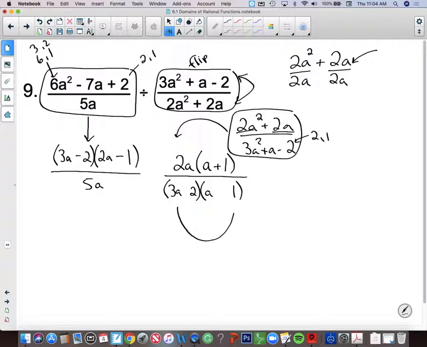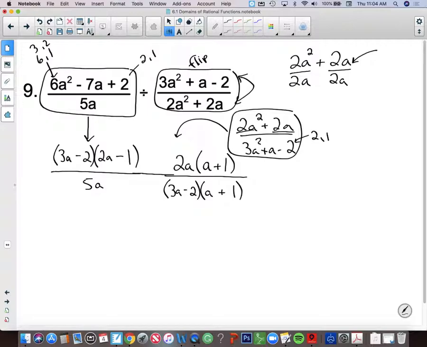If we check that, that would give me 3a and 2a, which I can put together to get a 1. So I want a positive 3 and a negative 2, like that. So that's how we factor the new denominator. So we skipped the first one, we flipped the second one, we factored, now we're going to multiply.